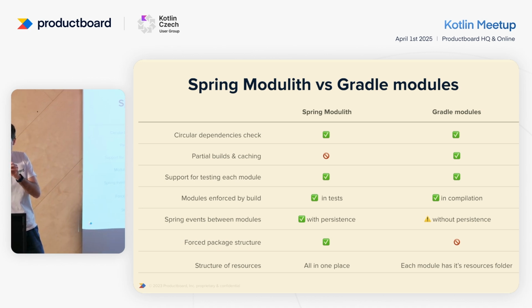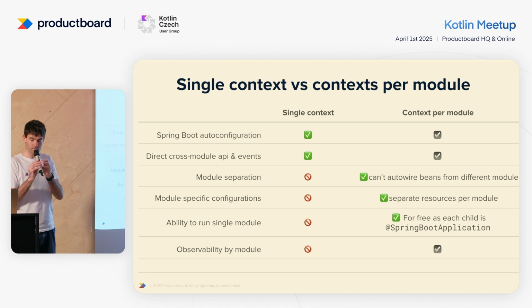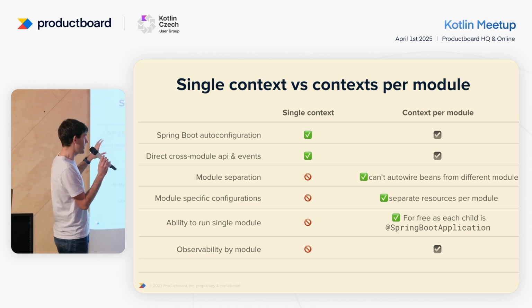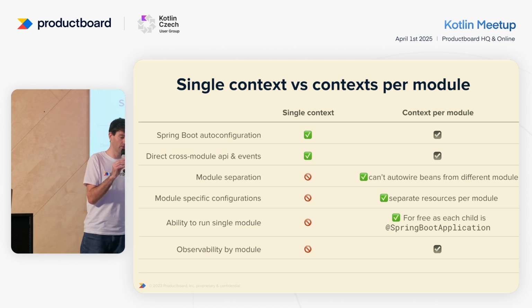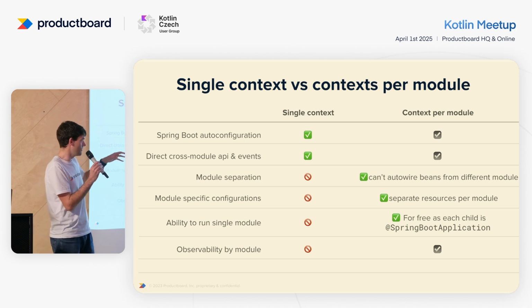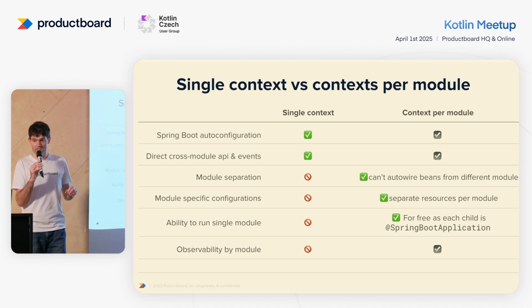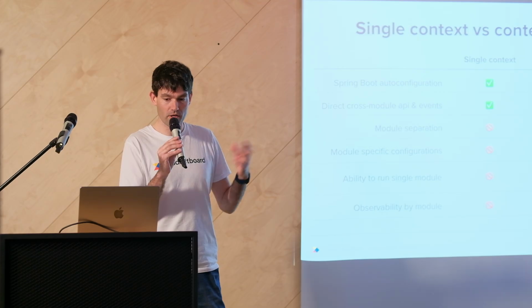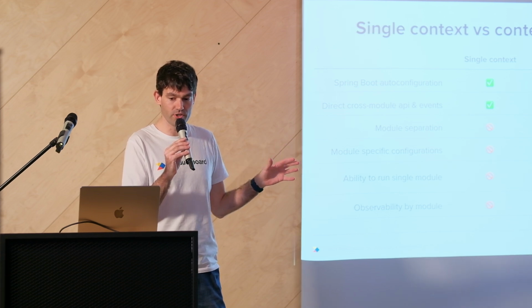Yeah, and so then we checked if we are able to use a single Spring context, or we wanted to use a Spring context per module. It turned out that we want to use a Spring context per module, mainly because of module separation.